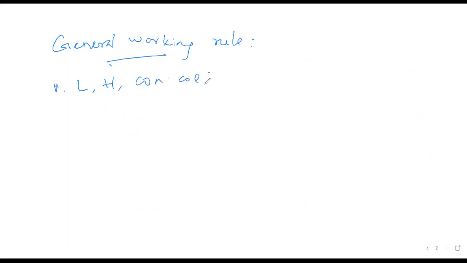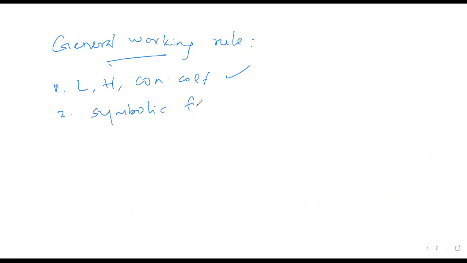Let's define some general working rules. Hope you are writing with me, or you can take a screenshot. First of all, we have to find out whether it is linear, homogeneous, as well as constant coefficient. That is our first step. Second rule is you have to make this into the symbolic form.